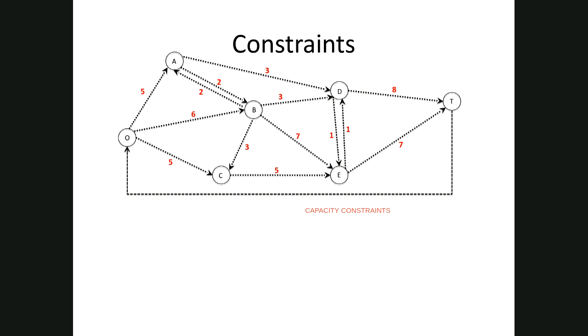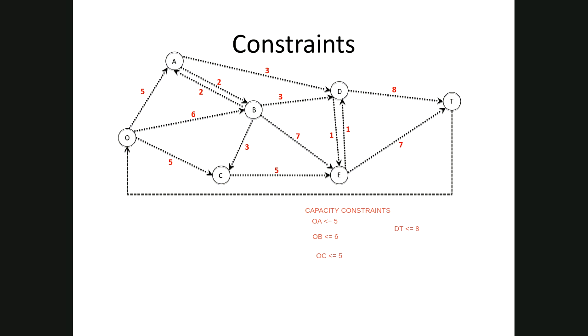So we're going to have to account for O to A being less than or equal to 5 units. O to B is less than or equal to 6 units. O to C is less than or equal to 5 units, and so forth, all the way out for all 14 of those constraints. D to T is less than or equal to 8 units, and of course E to T is less than or equal to 7 units.